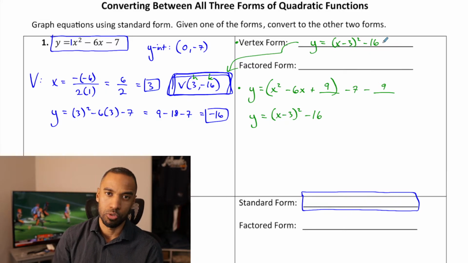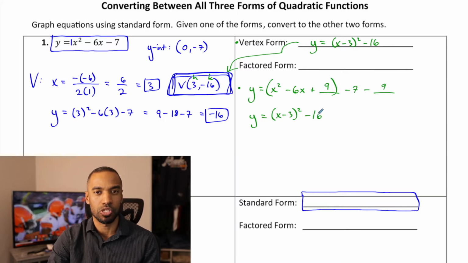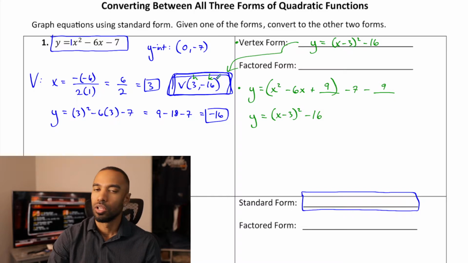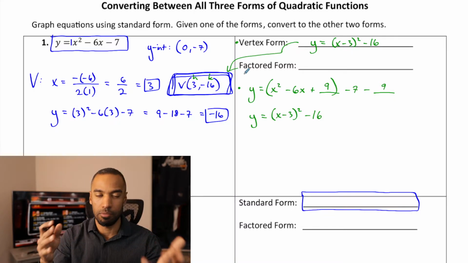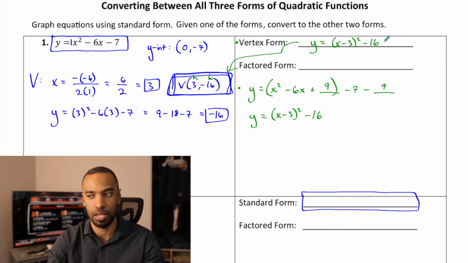My purpose right now is getting vertex form the way that we know how to, by completing the square, to confirm that the negative b over 2a that we got was correct. Later, if you know how to do negative b over 2a and you're sure that you're getting them correct, then you can use that version to get the vertex and put it in vertex form.